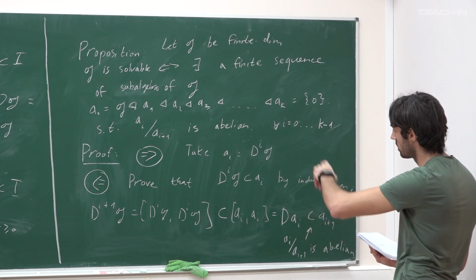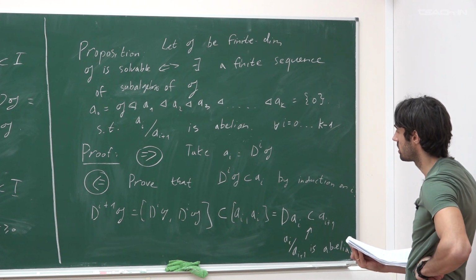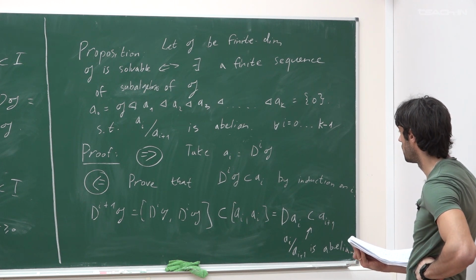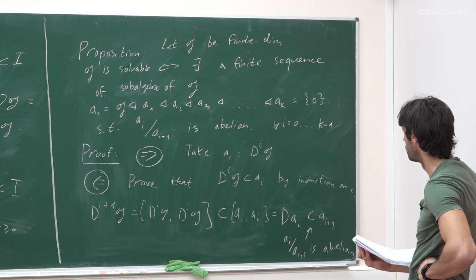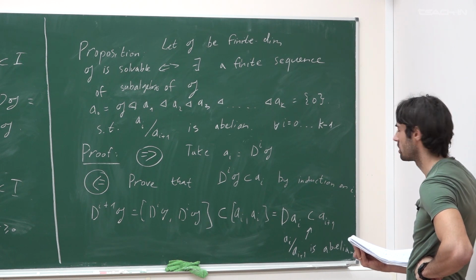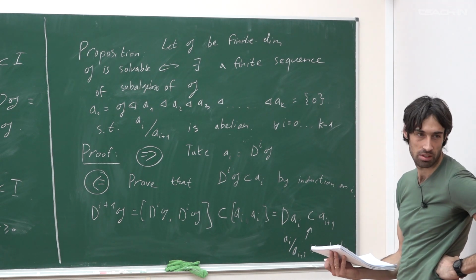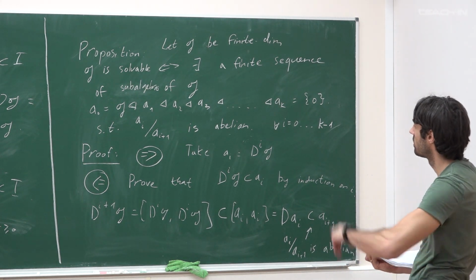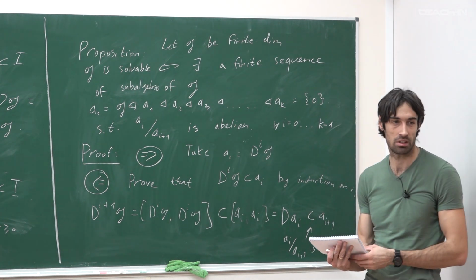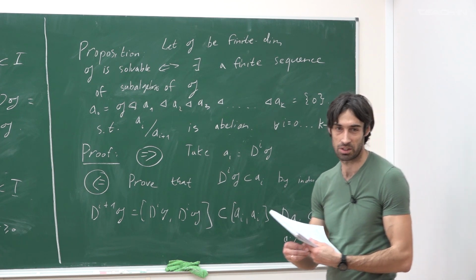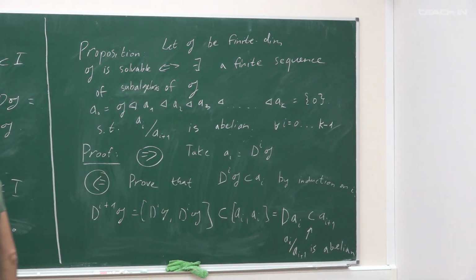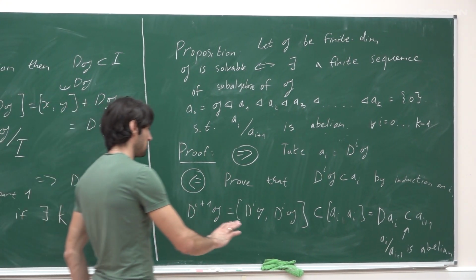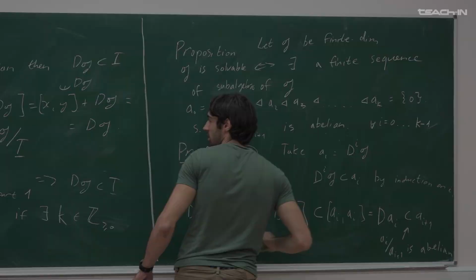I think this direction still works, and the other direction is okay. So it seems like I can erase the finite dimensionality, but just to be sure, I will leave it there. But I think this is redundant.